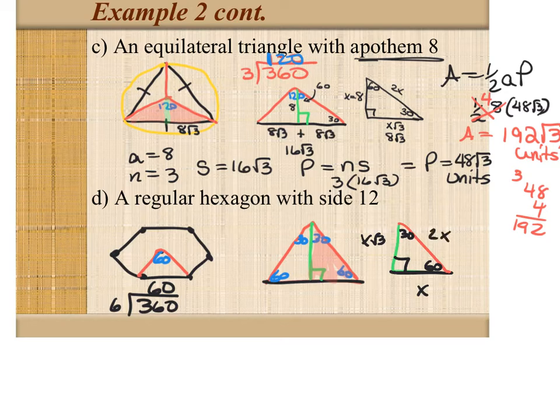Notice this time they gave me the side length. So my side length is already 12, so this is 6, and this is 6, or together it's 12. So the apothem this time is what I'm solving for. And if half of my side length is 6, then I know my apothem is going to be 6 root 3.